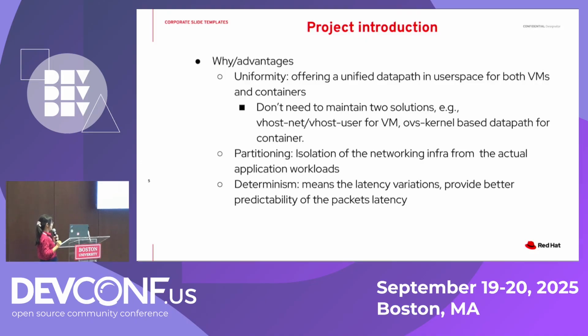And the second one, it will provide better resource isolation. With the kernel datapath, the network processing happens on all the CPU cores, and with the Userspace datapath, we can pin the network processing to specific CPU cores to avoid competing with the application, which can improve stability and avoid contention.